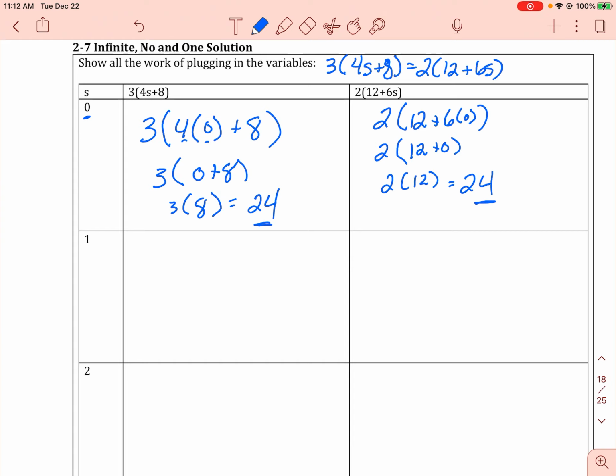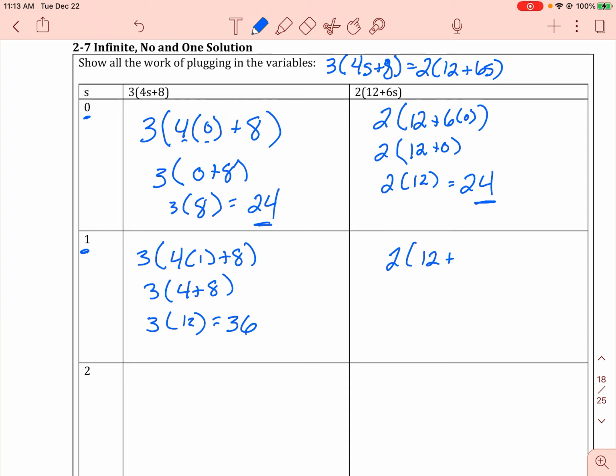So let's substitute 1 into both sides and see what we get. So 1 goes in for s. 4 times 1 is 4. 4 plus 8 is 12. And 12 times 3 is 36.